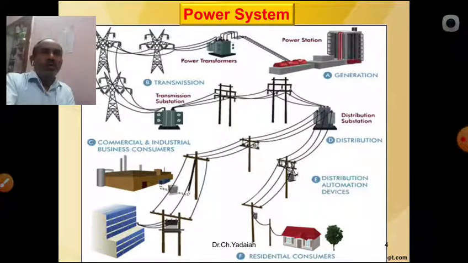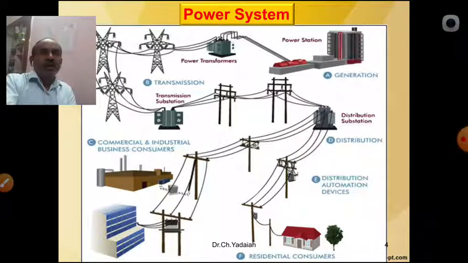The voltage is stepped up by the power transformer at the generating station to 400 kV or 765 kV, which is transmitted to nearby load centers. You can see the 3 transmission lines.